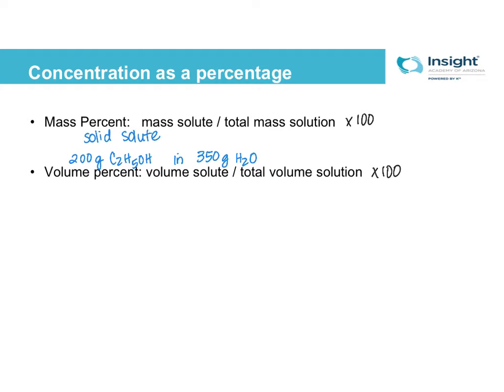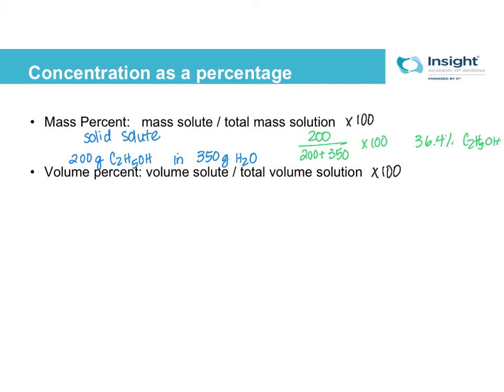I'm going to take that 200 and divide it by my total mass, which is going to be 200 plus 350, and then I'll multiply by 100. So 200 divided by 550, and that's going to be 36.4% ethanol. Okay? So simple, just normal sort of percentages. It's just the mass percent.